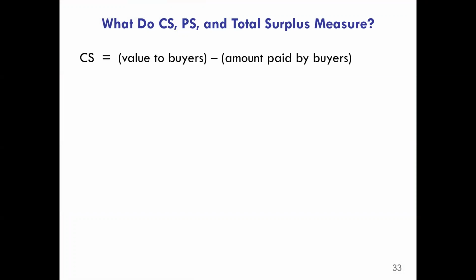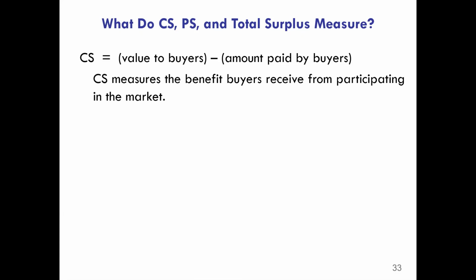So let's do a quick revision of what we've studied in the previous parts. We said that consumer surplus is equal to the value to buyers of a good or a service minus the amount they pay for this good. And so consumer surplus measures the benefit buyers receive from participating in the market.